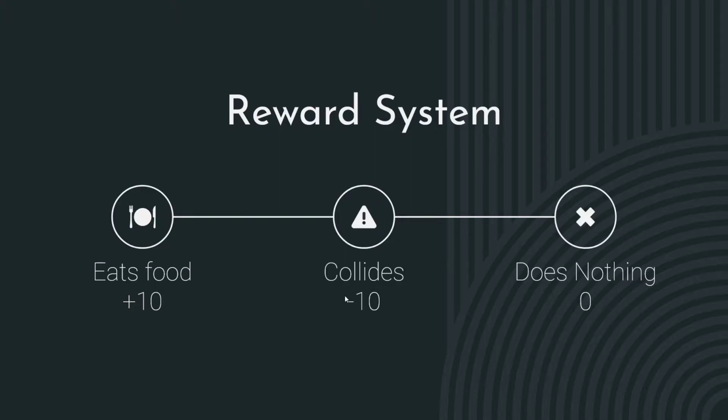Because if it collides into a wall or itself, or even into an obstacle, the game is going to be over, and that's bad for the AI. And then if it does nothing, we don't want to reward it or penalize it. For example, if it's just moving around the map, it's not doing anything necessarily bad, it's not doing anything necessarily good either. So we just don't give it any points for that.